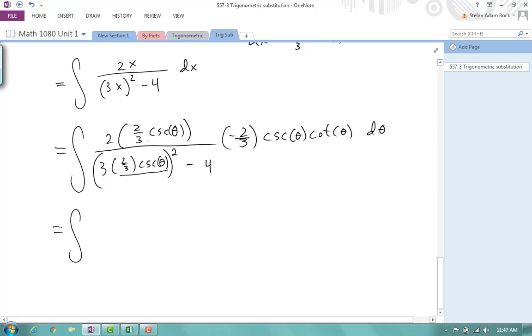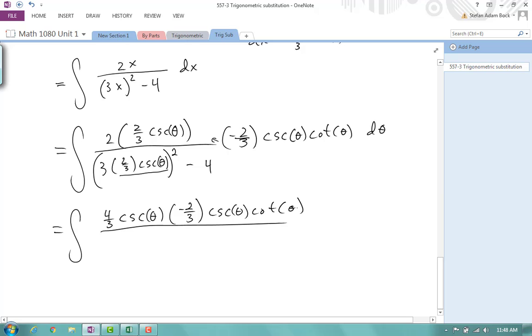But we can simplify this a little bit to give ourselves an easier problem. So in the top half of the fraction, I have 4/3 cosecant theta times another negative 2/3, another cosecant of theta, and a cotangent of theta.